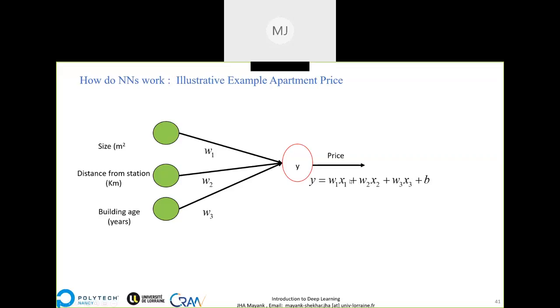It need not be linearly related, but it can be linearly related also. So this image gives the simplistic idea that the output is dependent on each of the inputs, okay? In fact, output is dependent on the weighted sum of each of the inputs.